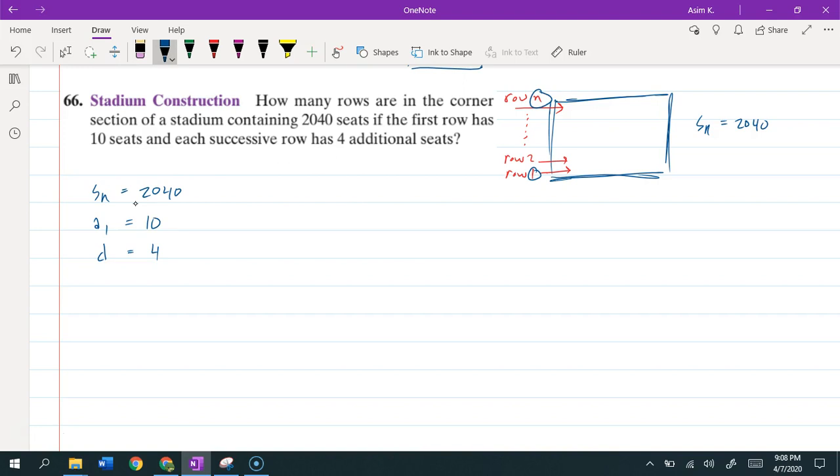All right, now here's what we have. We have the formula for the sum of the nth term in arithmetic sequences. It looks like n over 2 times a sub 1 plus a sub n.